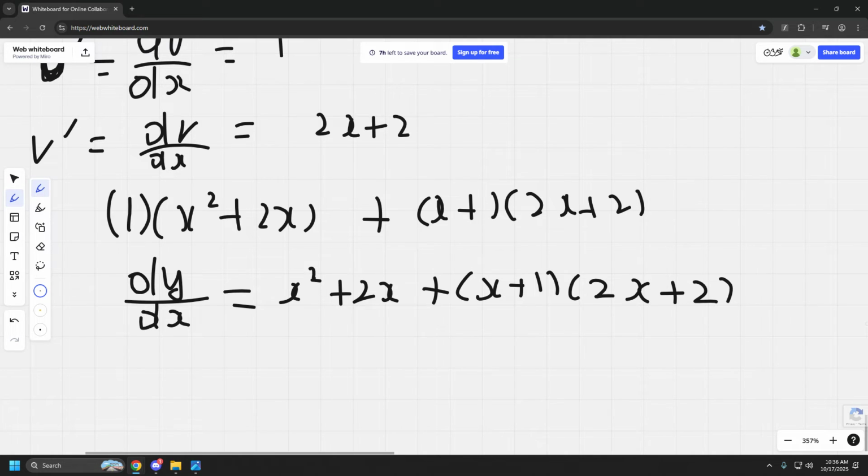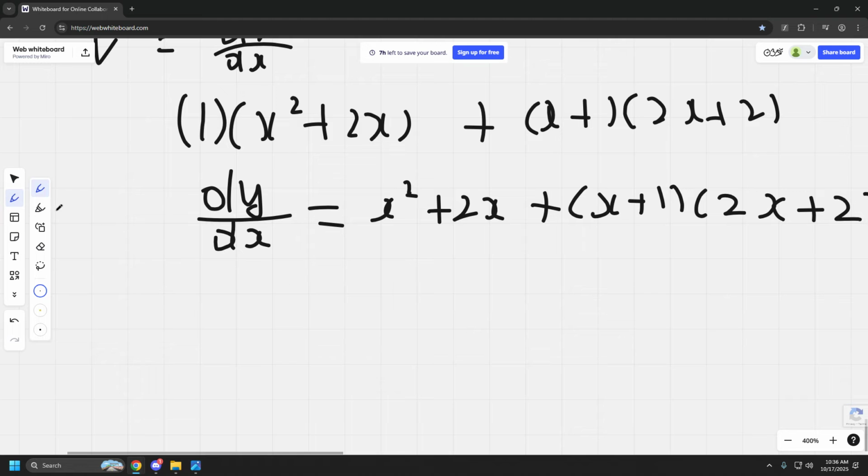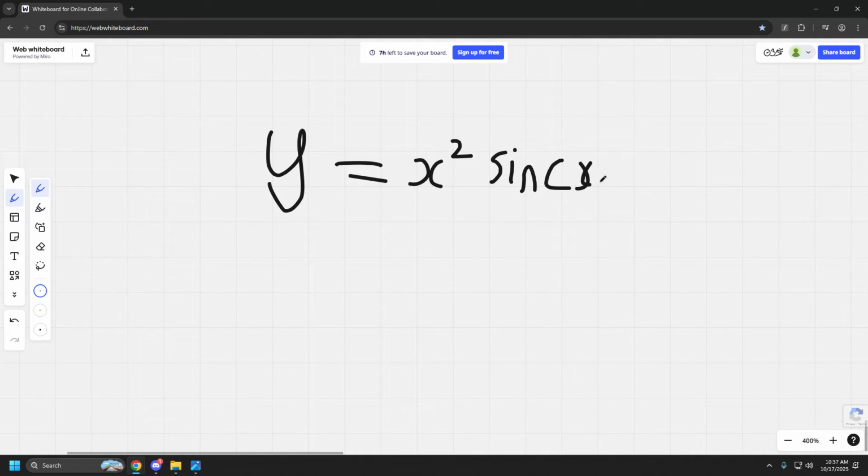Alright, so let's do the same for another question. Let's do one involving a trigonometric function. So let's say u is x squared and v is equal to sine x.